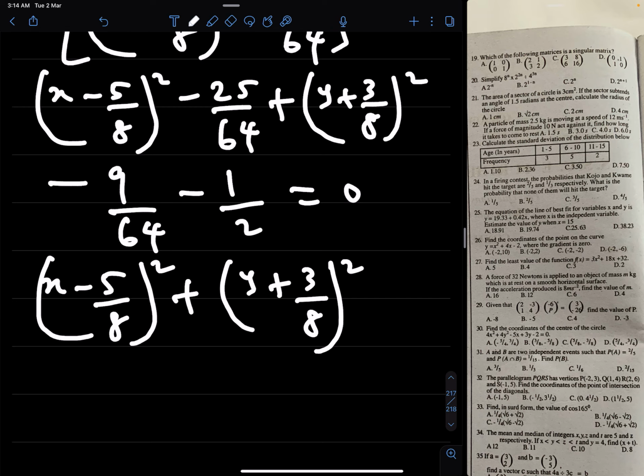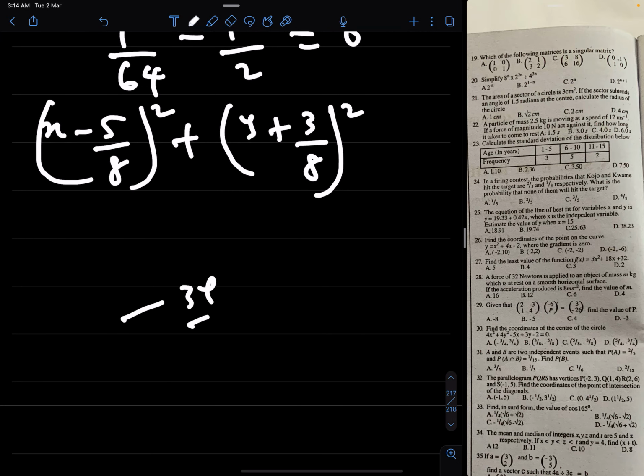So I'm simply doing minus 64 over 64 plus 1 over 2. Okay, minus 25 over 64 minus 9 over 64 is minus 34 over 64. And what's minus 34 over 64 minus 1 over 2?